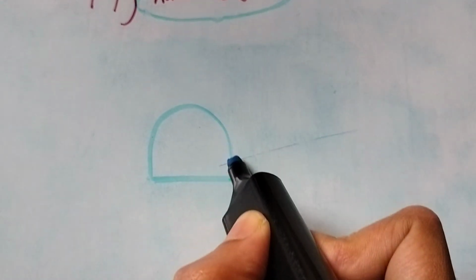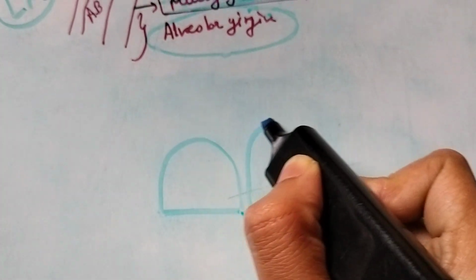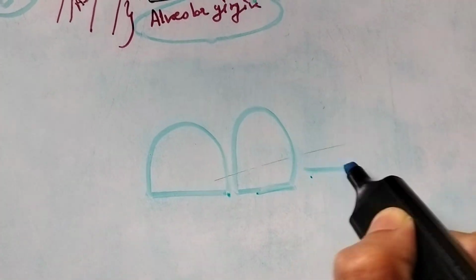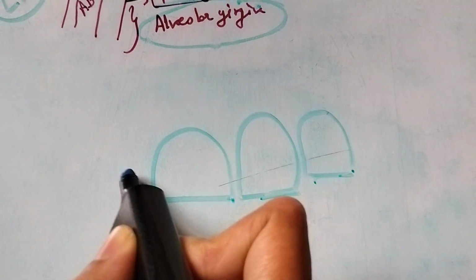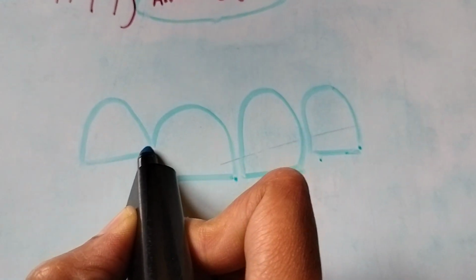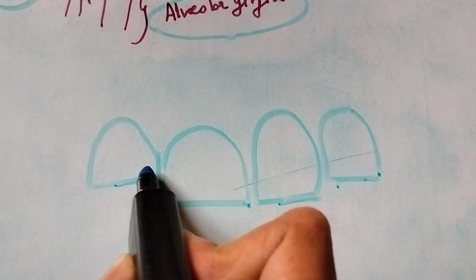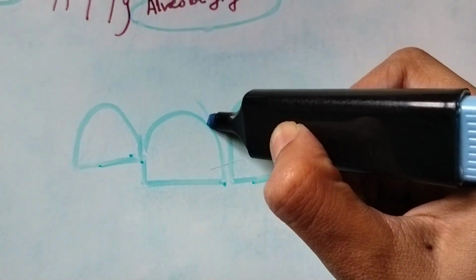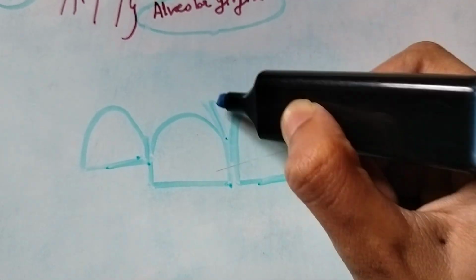What is interdental gingiva? Let us suppose this is the upper central incisor. This is the lateral incisor. So the interdental gingiva is present here.